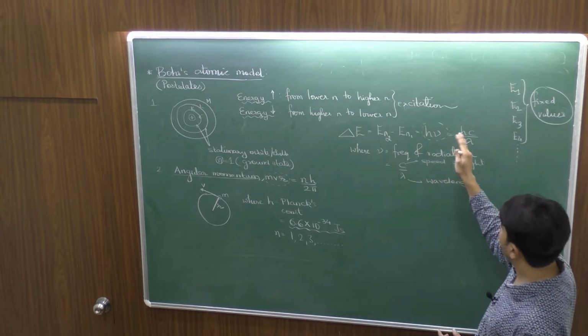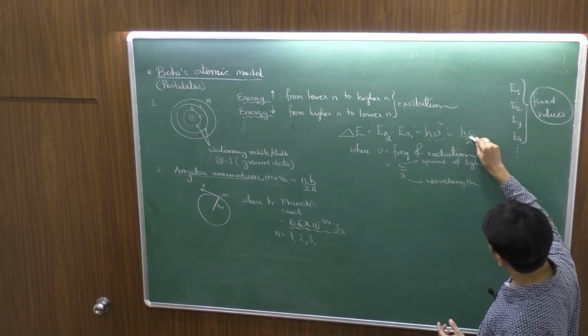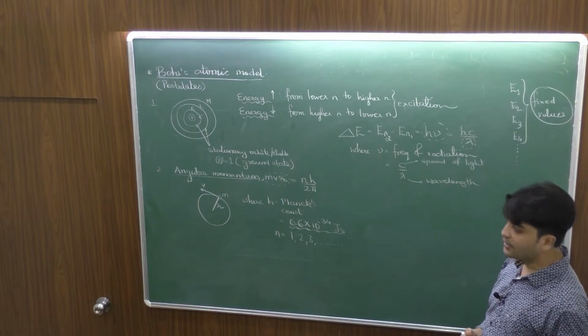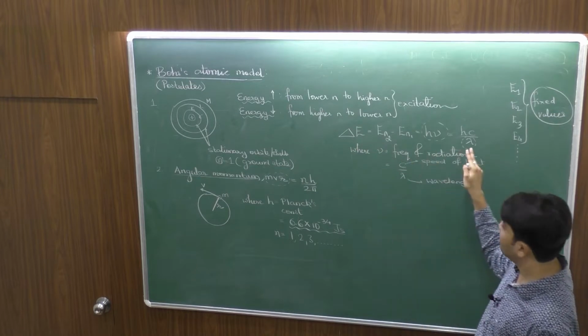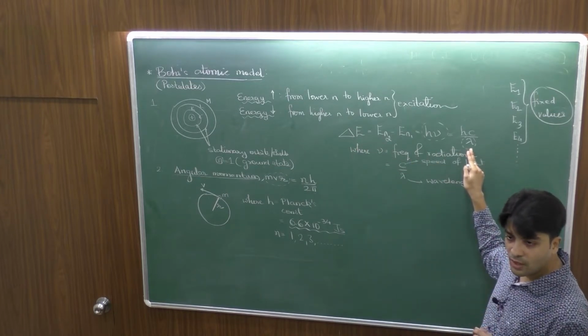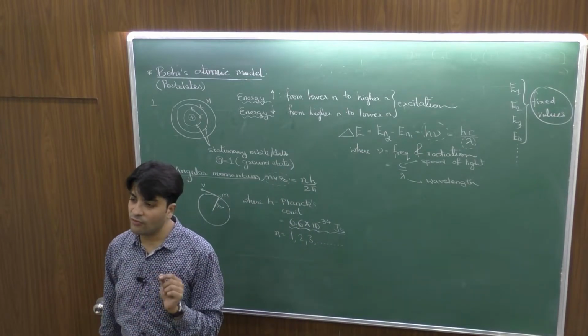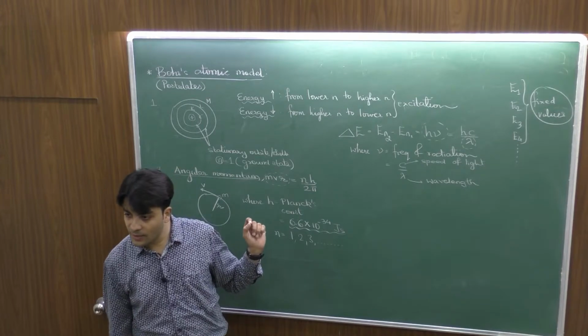On the other hand, h into c is fixed. That means this lambda is going to be fixed. For any two energy levels, the wavelength will be a fixed value. So there are going to be only finite values of wavelength which are possible with respect to the excitation concept.